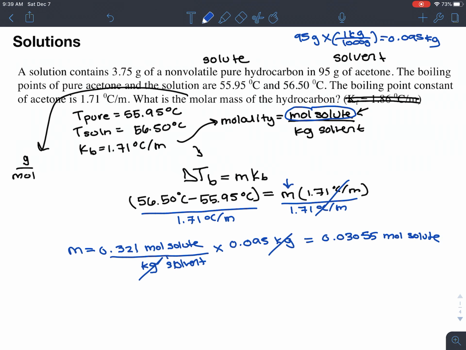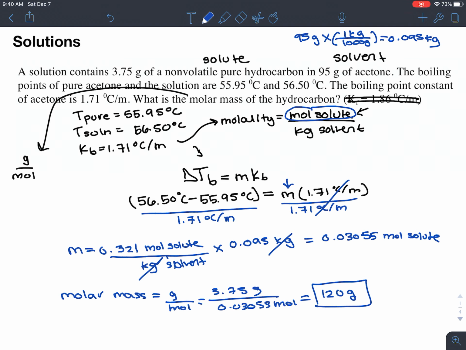Well, since you want molar mass, that is equal to grams over mole, and you have both those values now. 3.75 grams over 0.03055 moles, and you get 120 grams per mole with the proper significant figures.